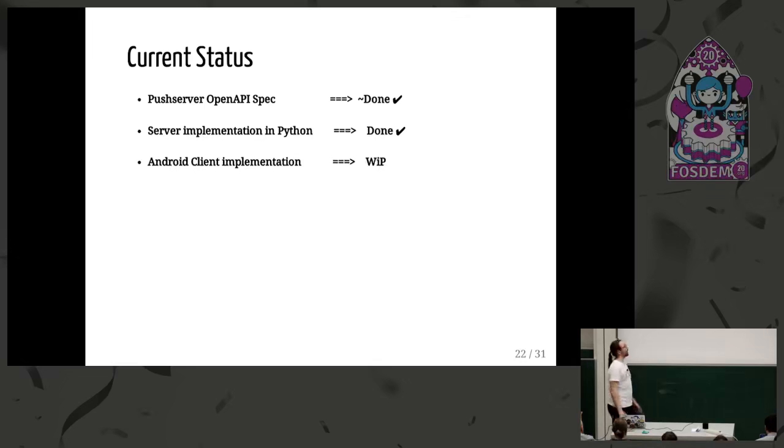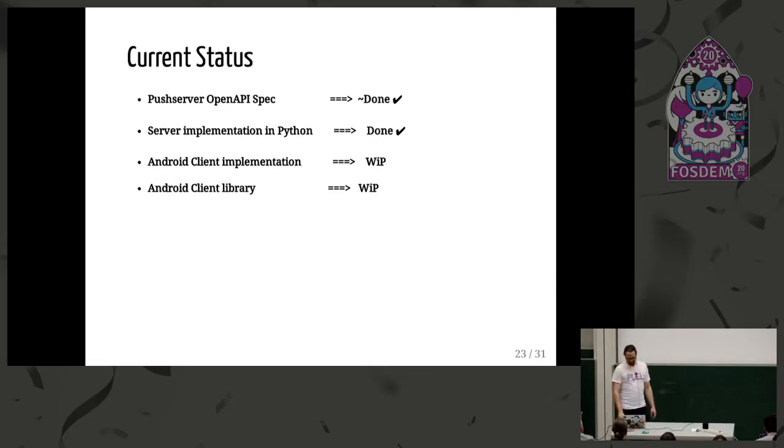Then there's an Android client implementation, which is still a work in progress. Android, especially Android IPC, different apps talking to each other, is not the easiest to work with, I found. So this is still ongoing. And then there's the corresponding client library, which other apps would use to register for push notifications on your phone.